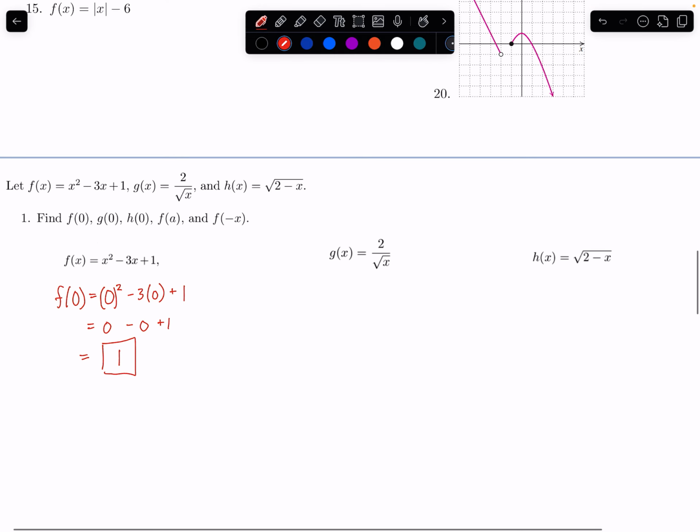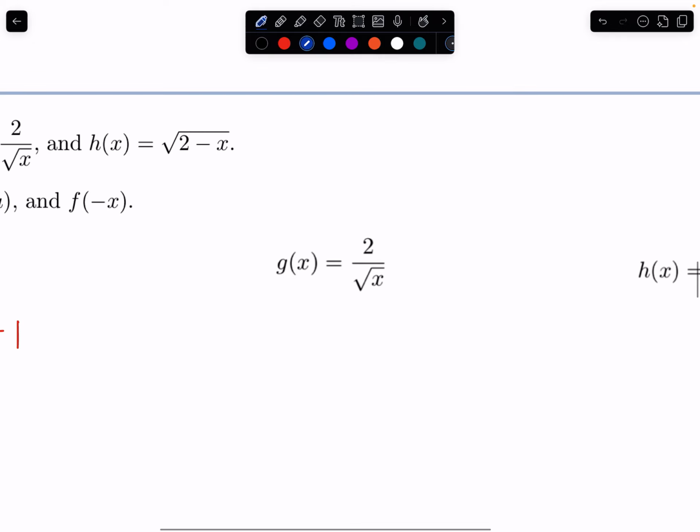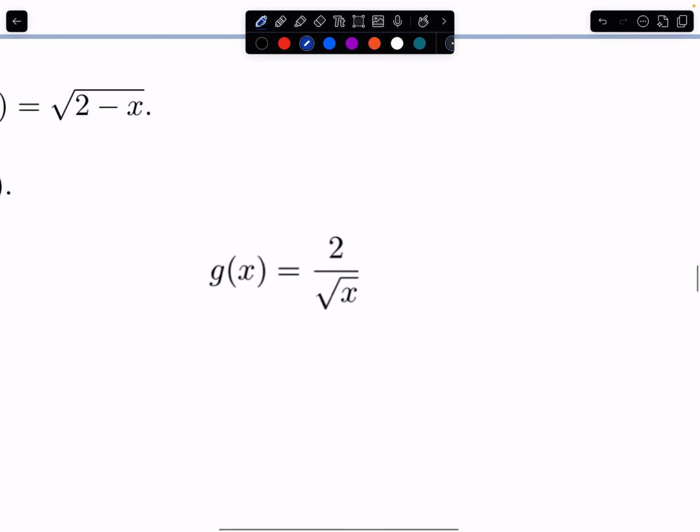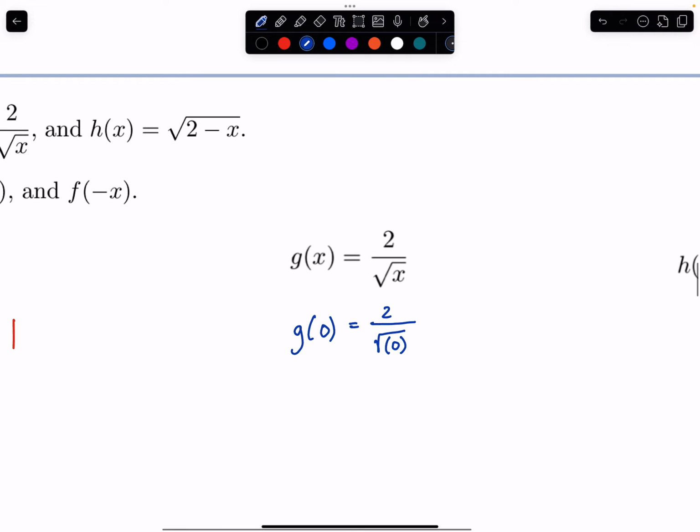We move on to g of x, and now we're doing g of 0 here. Same idea, right? Here's my g of x. I'm going to take g of 0. That means wherever I saw an x, I'm going to replace it with a 0. And again, keep that 0 in its parentheses. What's the square root of 0? Well, 0.